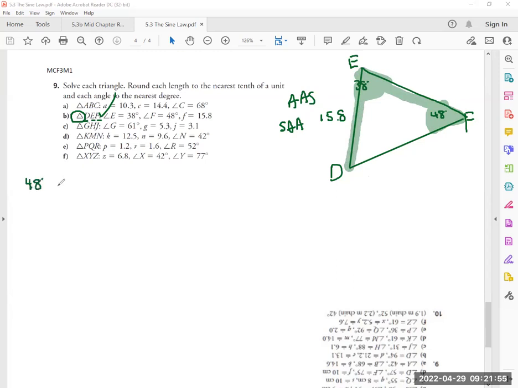48 degrees matches with 15.8. 38 degrees matches with little e, which I don't have. And then angle D matches with little d, which I don't have. What's next? Go ahead.